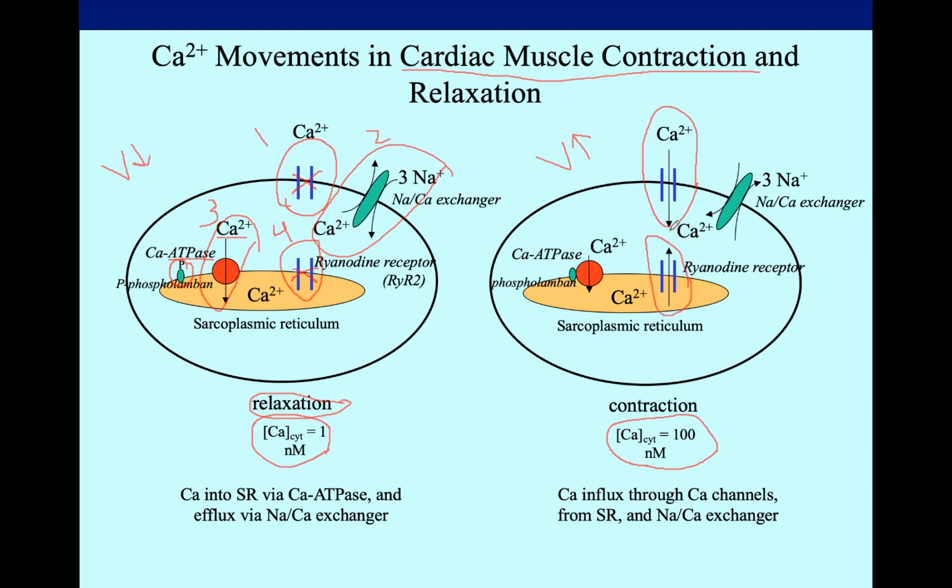You can call these voltage-gated calcium channels because when voltage is high, they both open, and when they open, because it's a channel, the only direction it can move calcium is down calcium's concentration gradient. So calcium is going to move from the outside into the cytoplasm, and it's going to move from the SR into the cytoplasm as well.